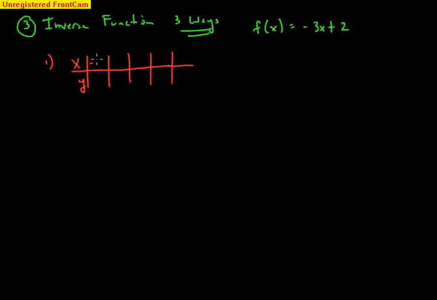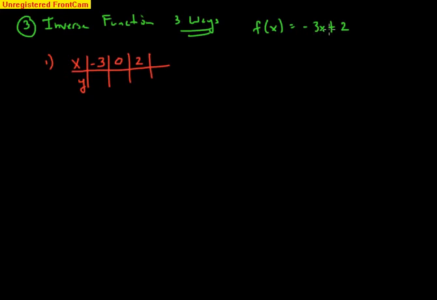And I want to do these x values. Let's just pick some random ones, and we don't have to do that many. Let's do negative 3, let's do 0, and let's do 2. Those are my x's. So all I'm going to do is plug them in, and I'm just getting my original values, what would be on the graph.